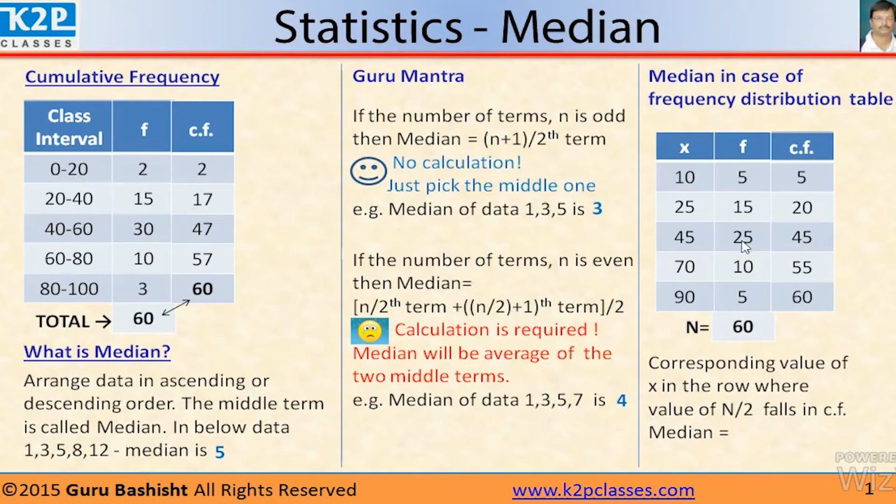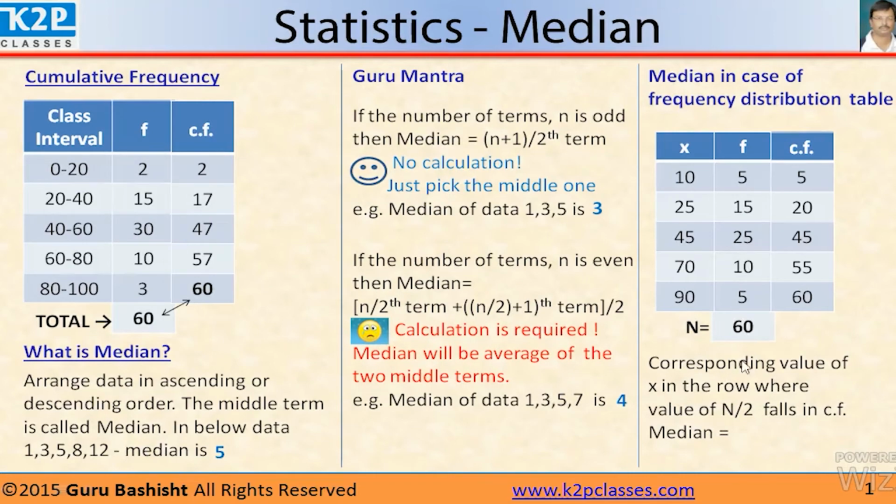For the third row, 20 plus 25, 45. For the fourth row, 45 plus 10, 55. For the last row, 55 plus 5, 60. So the last cumulative frequency must be equal to the total number of observations.